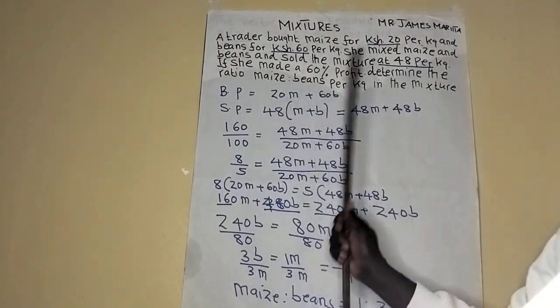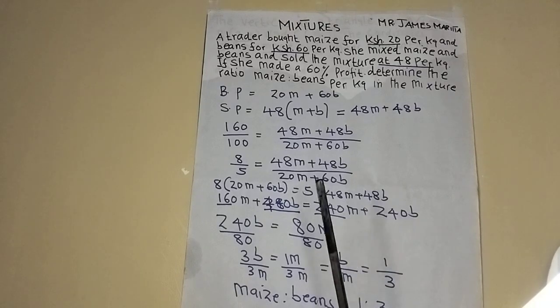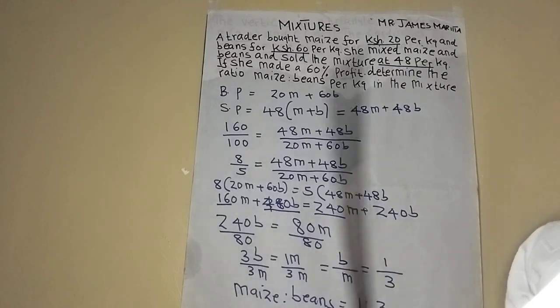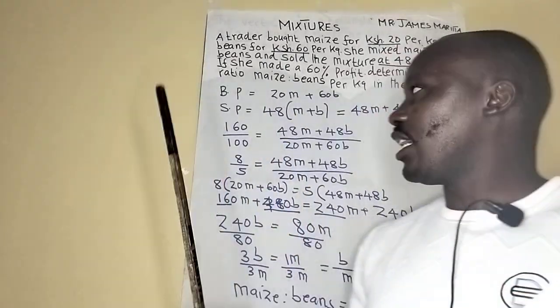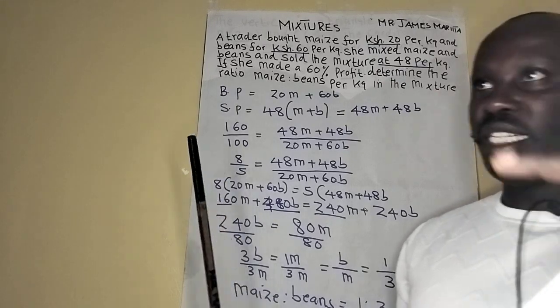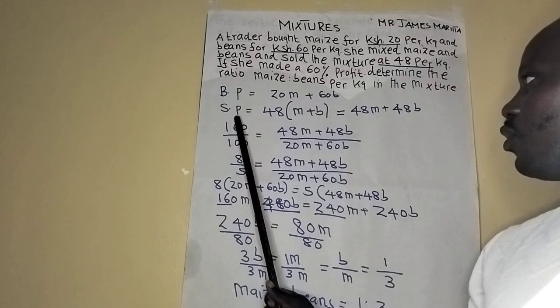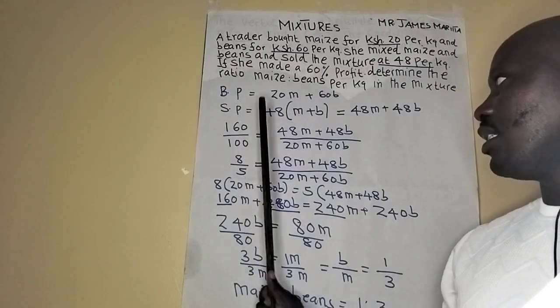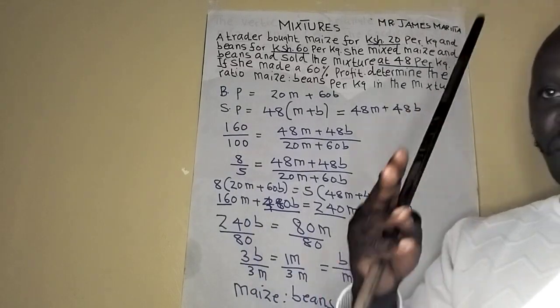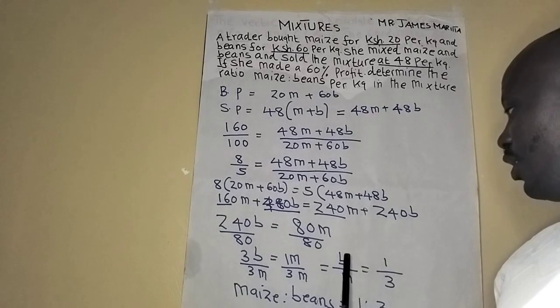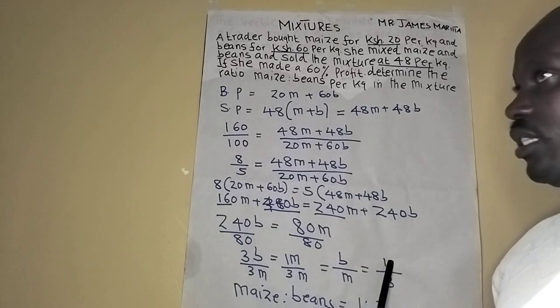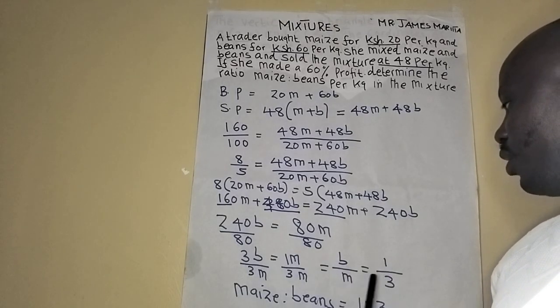So you start by finding the buying price, then you have the selling price. After selling the mixture at 48 shillings per kilogram, she realized a profit of 60%. That is why we have 160 over 100. You can simplify here and get that the value of M is equal to 3P, where P is beans.